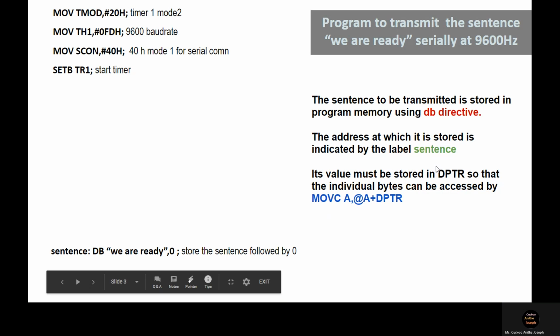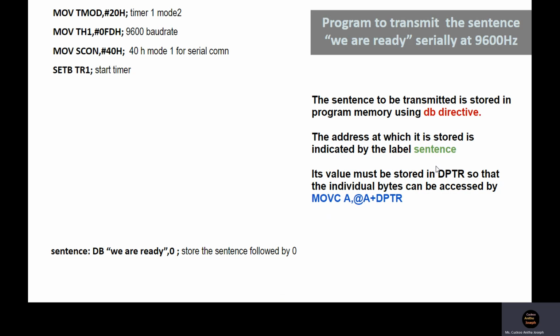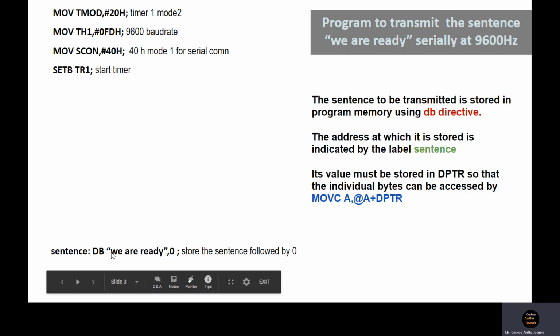Once more I will tell you what the DB directive does: it will store this sentence byte by byte at the memory location specified by the label sentence. And we are storing a 0 to indicate the end of the sentence.